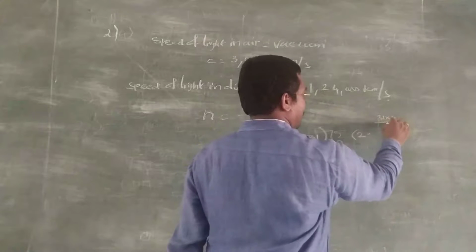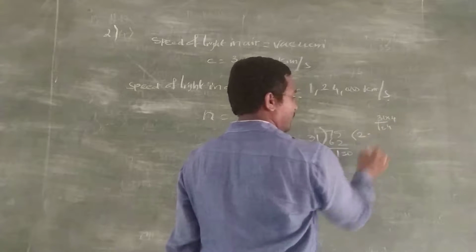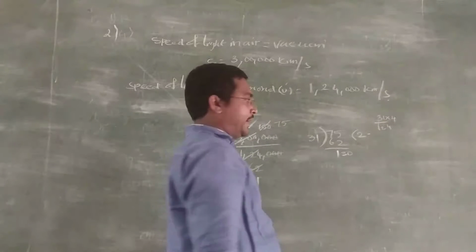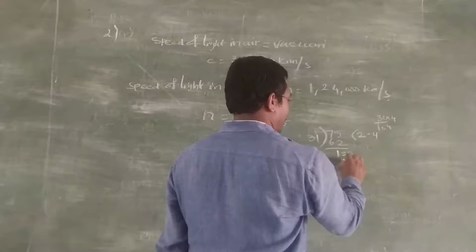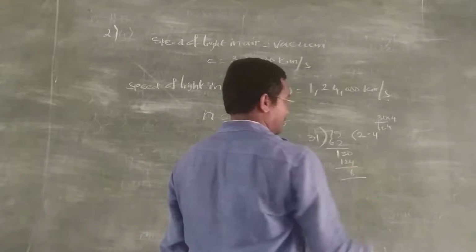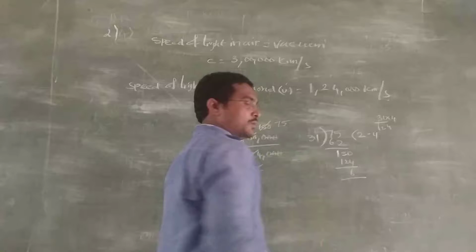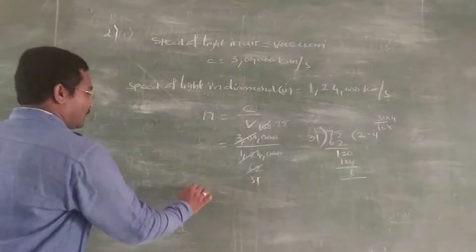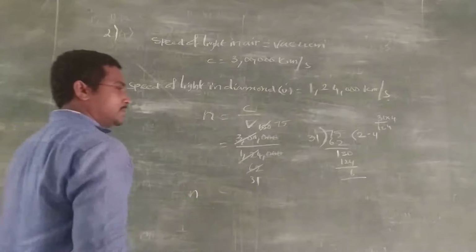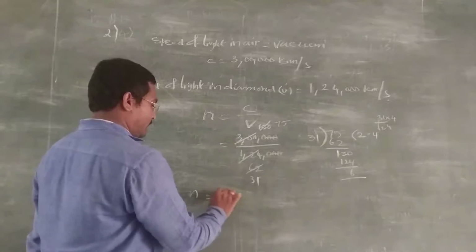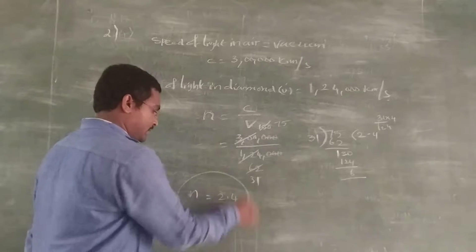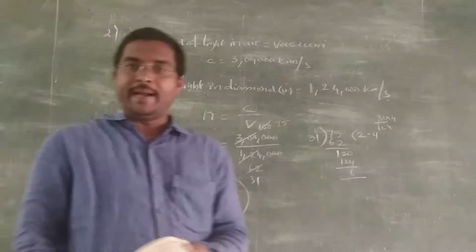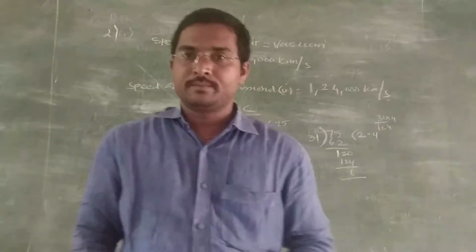Now what is the answer? 2.4. Now the refractive index of diamond n is equal to 2.4.